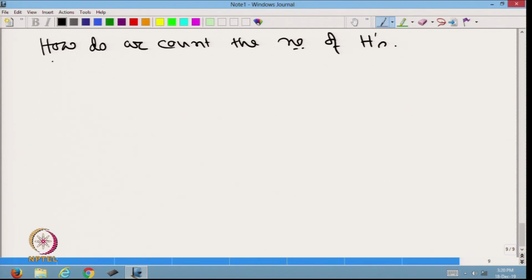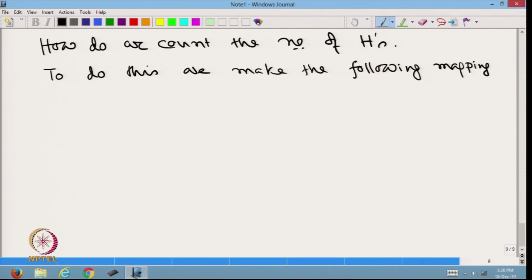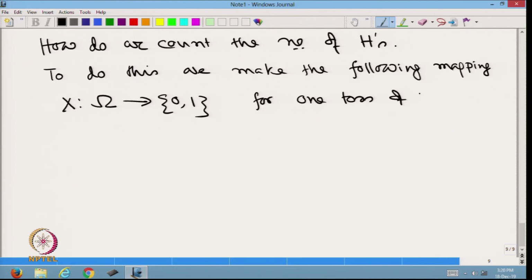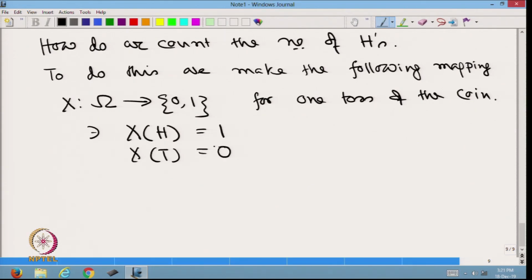Hence, we make a mapping X from omega to {0, 1} for one toss of the coin, such that X of head is equal to 1 and X of tail is equal to 0.